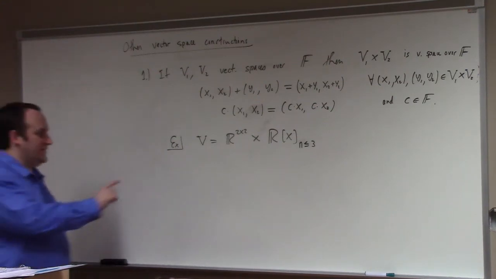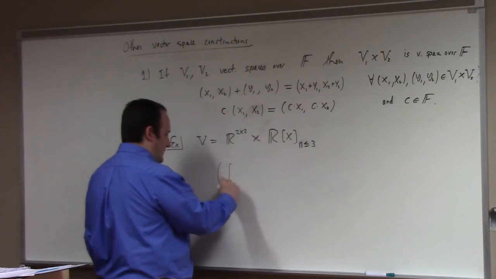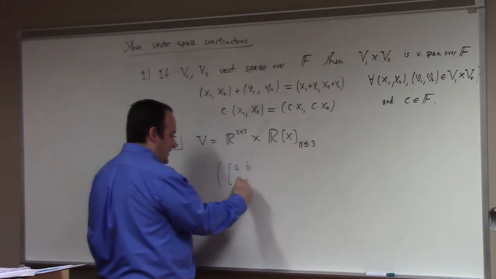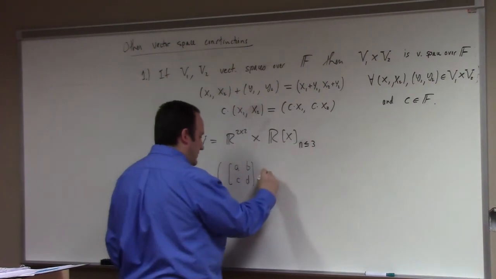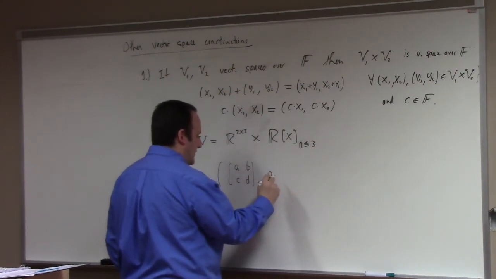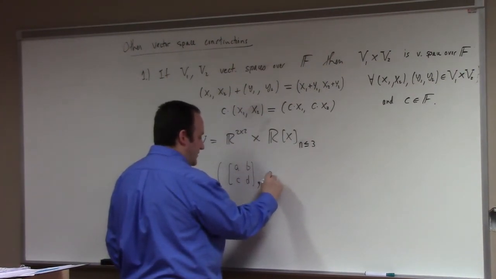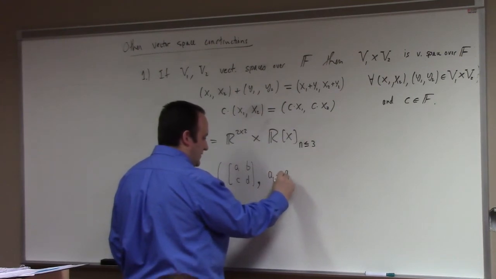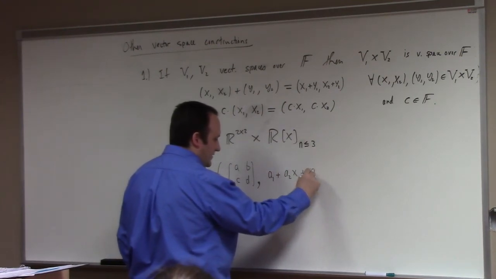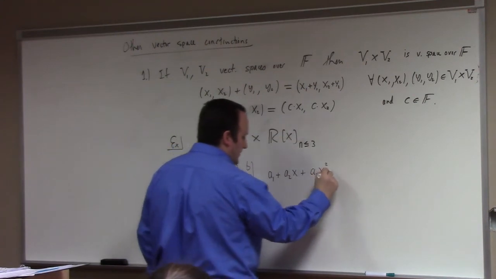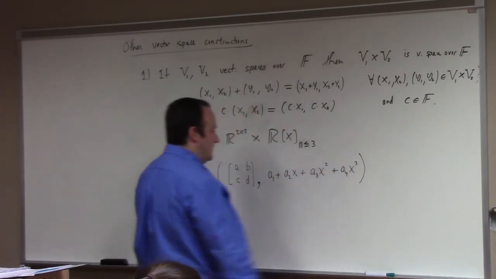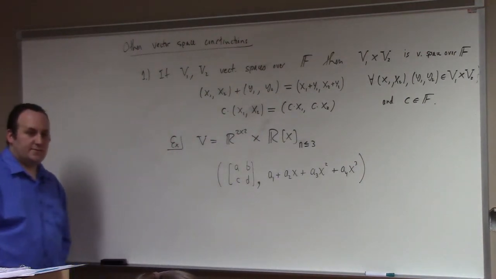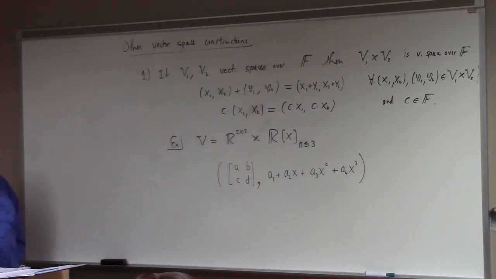So a typical element in this vector space would look like the matrix A, B, C, D, comma, this guy, A1 plus A2x plus A3x squared plus A4x cubed. There you go. That's a typical element in this Cartesian product of vector spaces.